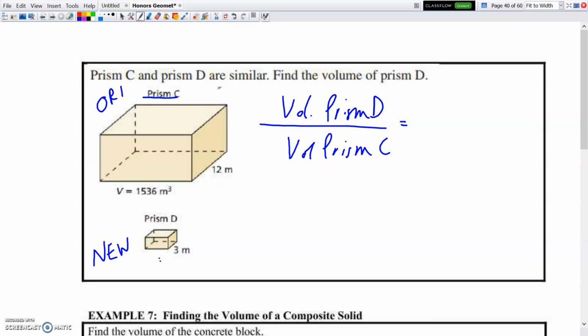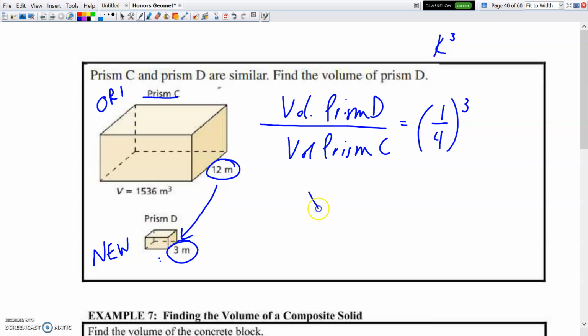So if I look at a comparable side, 12 turns into 3. So my scale factor here is getting smaller, so it makes sense it's going to be 1/4. Okay, and that's the k cubed. It's equal to k cubed, the scale factor cubed.